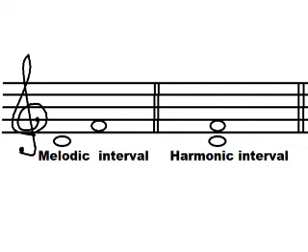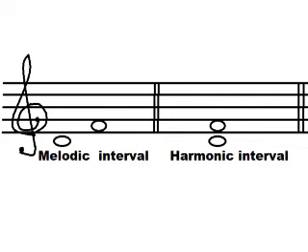The one that is produced at the same time, you can hear the two sounds played at the same time now. I'm playing D and F at the same time. The interval between these two sounds that are produced together is called harmonic interval.